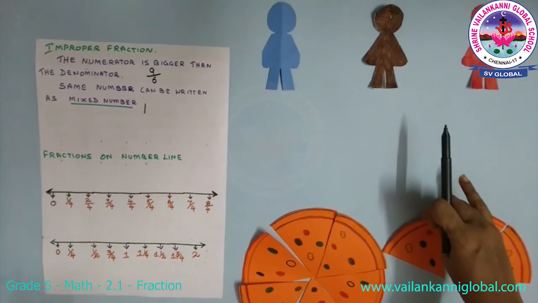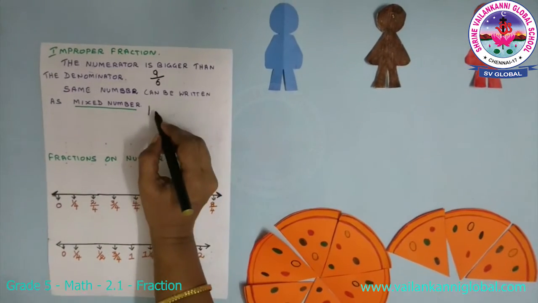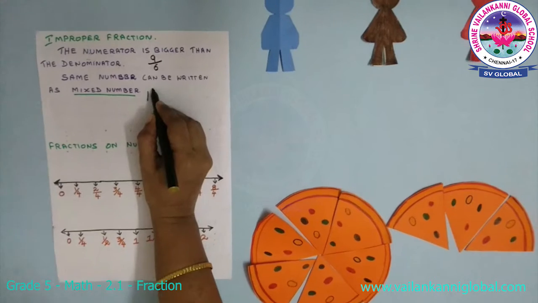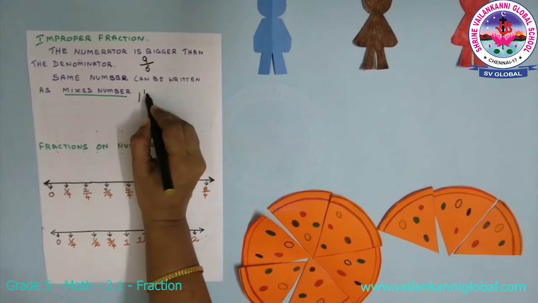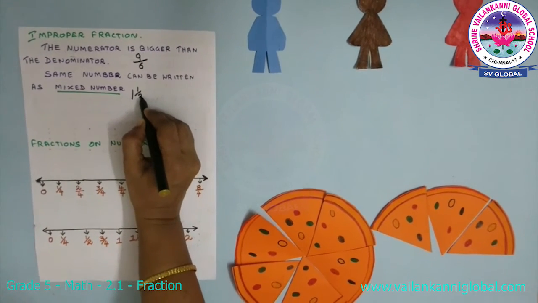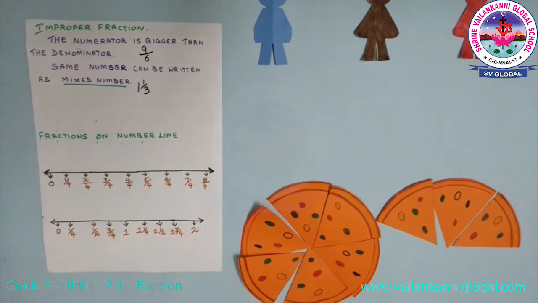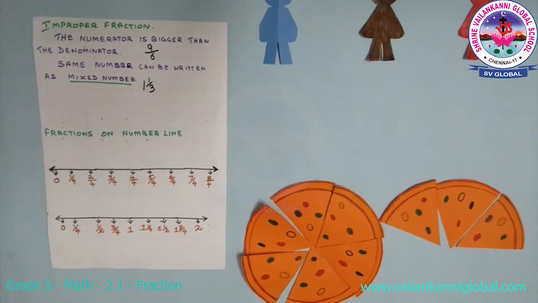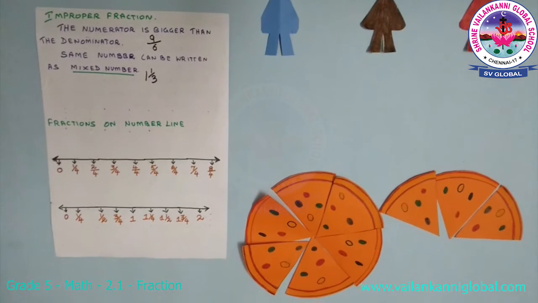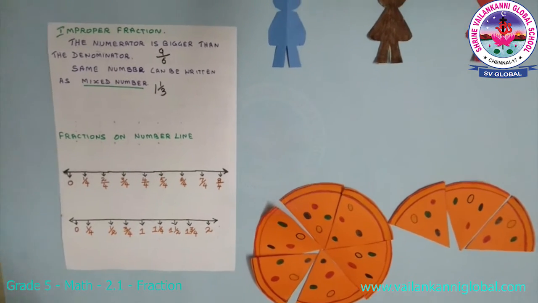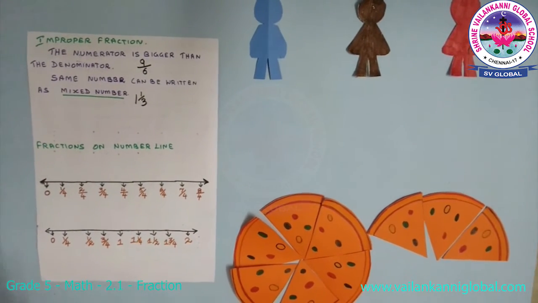So you are getting 1 by 3. So this is the mixed number. I hope you understand what is an improper fraction and a mixed fraction.